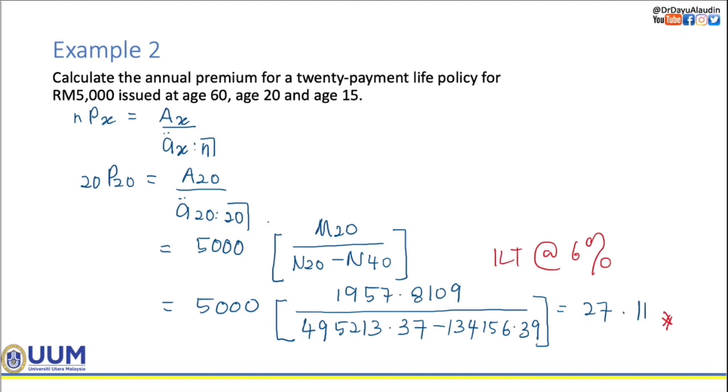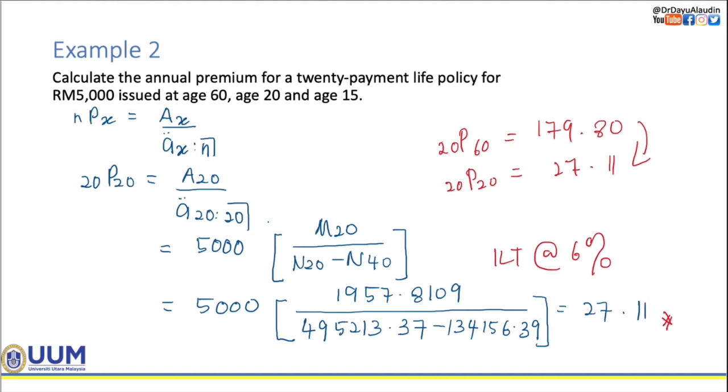So now we look at premium at age 60, which is 179.80. However, at age 20, the premium becomes 27 ringgit 11 cent. So it's decreasing, since the older you get, the higher the risk of death.